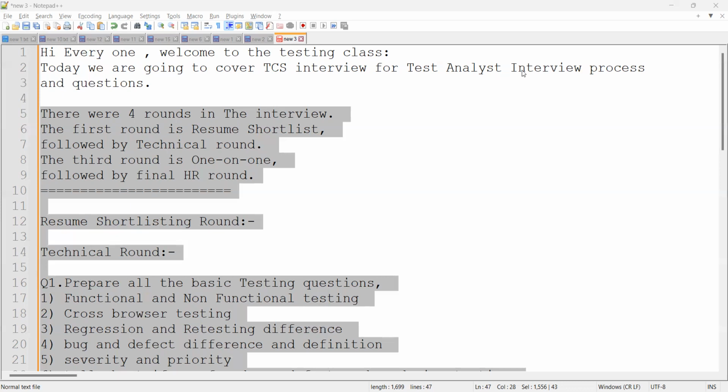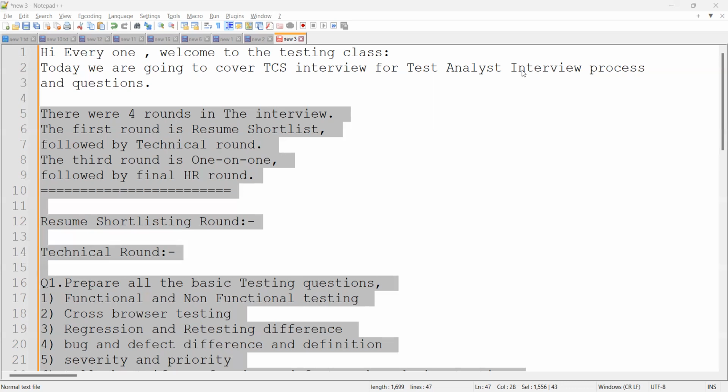Suppose you are applying for testing and you haven't put testing analyst or software testing keywords in your resume, then it might be that your resume is not picked by the HRs. This is, you can say, the precondition for your resume being selected for a job interview.